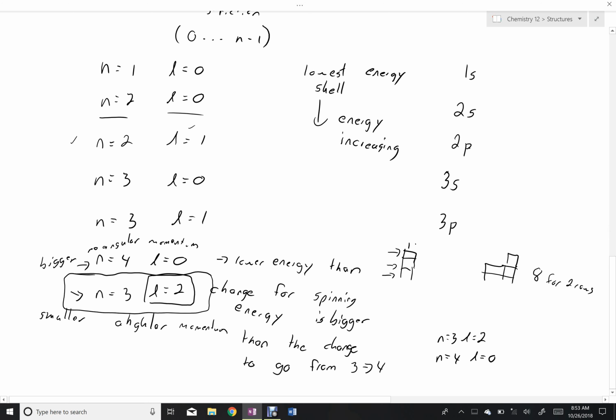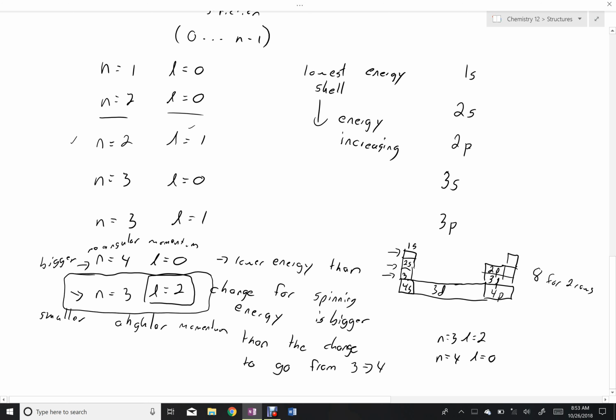So this would be like the 1s, and this would be like the 2s, and these guys are like the 2p's. And then we get the 3s and the 3p, but then we actually get the 4s before we get this big long block of 10 electrons associated with the 3d. And then we go on with filling the 4p.